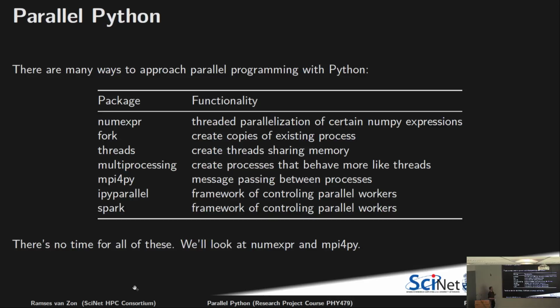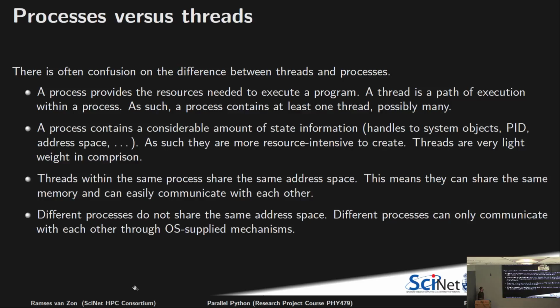So we're going to look at Numexpr, which is a way of parallelizing on a node using shared memory and threads, and mpi4py, which you can use to do a computation across nodes.